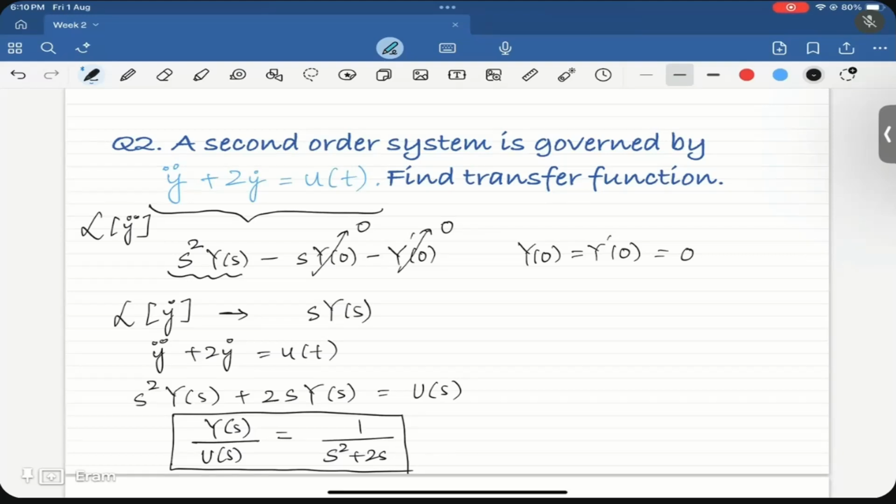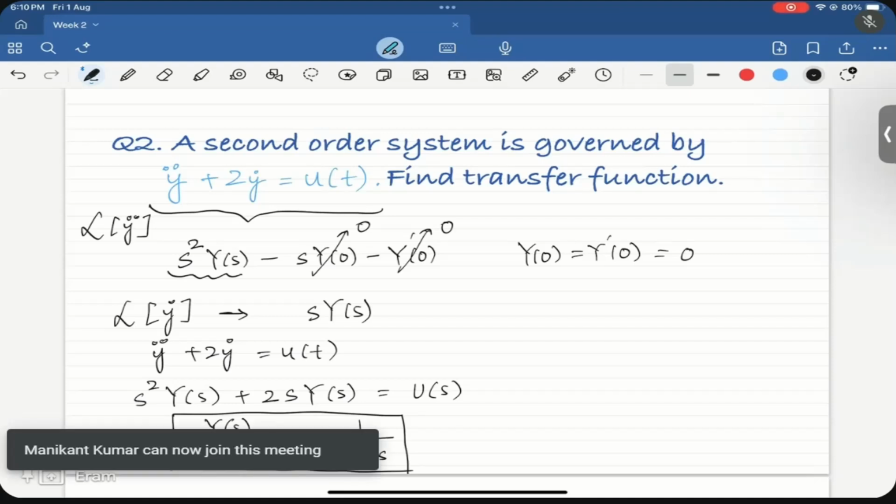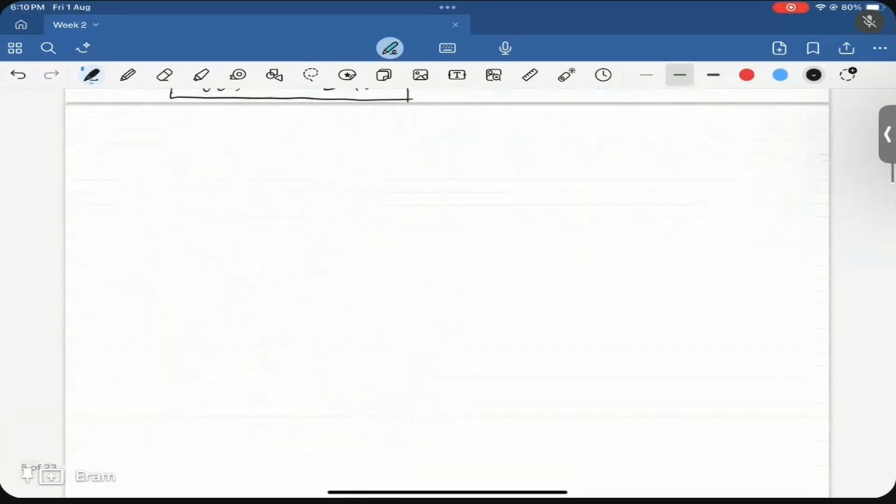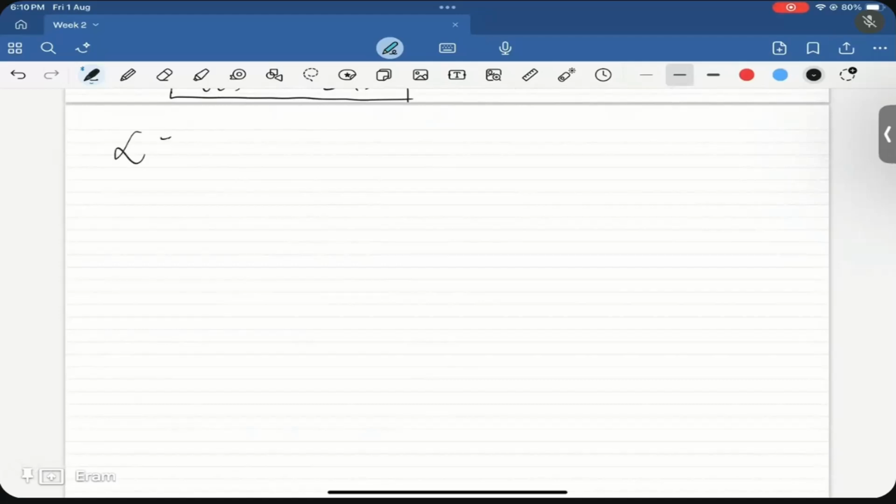Now, the Laplace transform of the impulse function is 1. Time response, I'm asking. To take inverse Laplace, ma'am. Yes. So first we know that the Laplace transform of impulse is just 1, so U(s) will be 1.